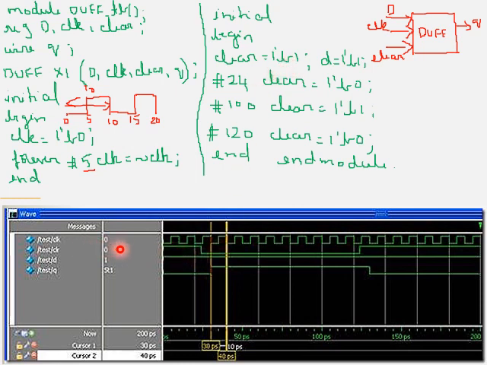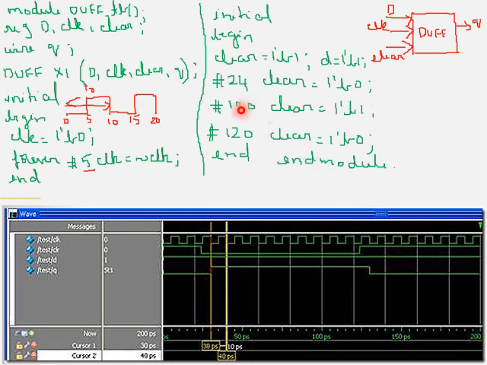Till 24 time units clear is 1, and because of this the flip-flop output will be 0. D is 1 throughout.